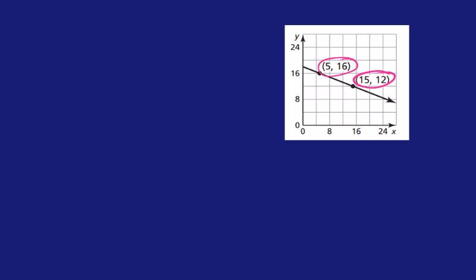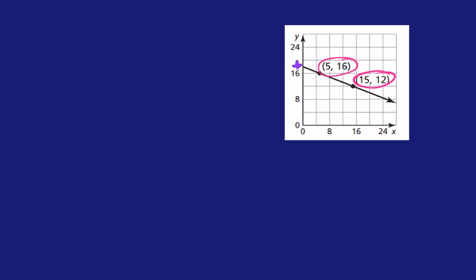Sometimes you will be able to locate the y-intercept from a graph, and that makes your life easier because then you can put that in for b, find the slope and put that in for m, and you don't have to use point slope form. But in this case, you really can't tell what the y-intercept is, and so you're going to have to go through the process that we just went through.